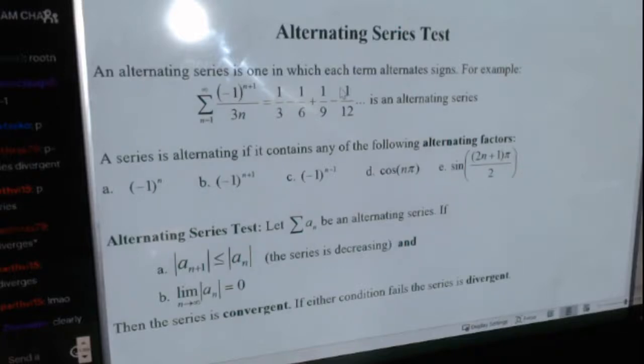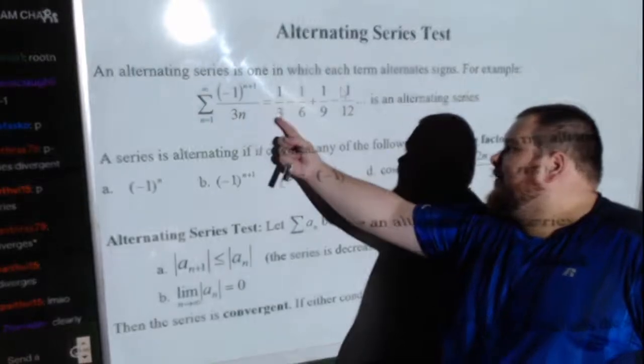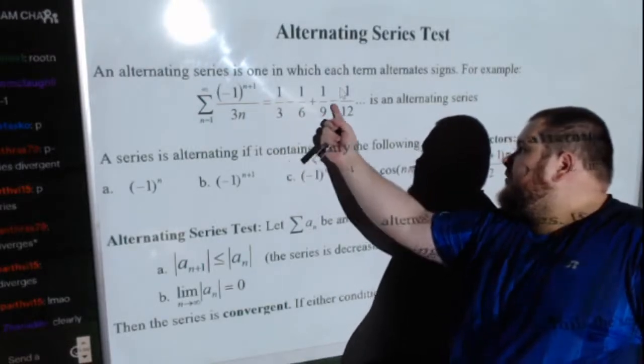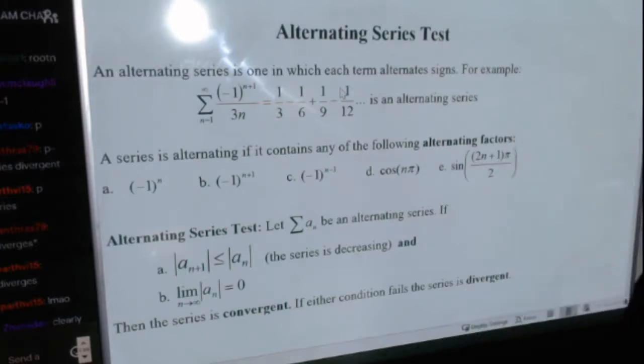So if we start with positive, it goes negative, positive, negative, positive, or vice versa. You can see that here: this has an alternating term that makes it plus, minus, plus, minus. And just like all the other series we've studied so far, these don't always converge or always diverge.